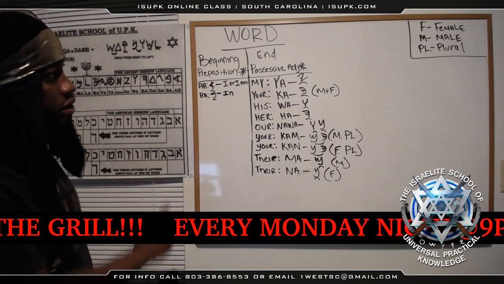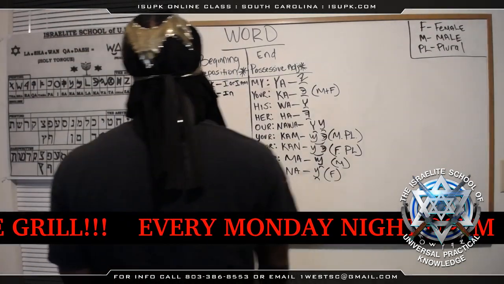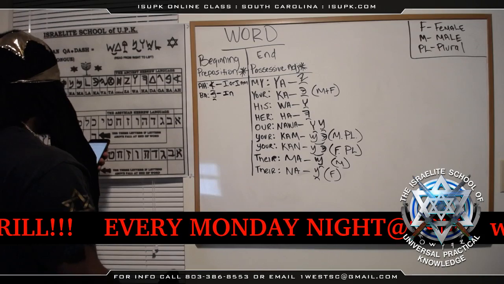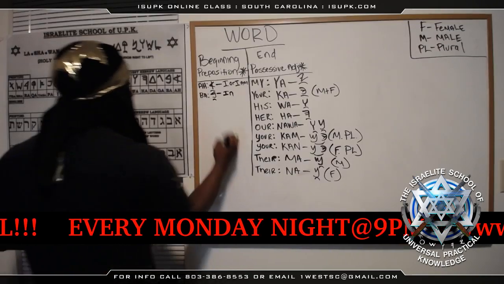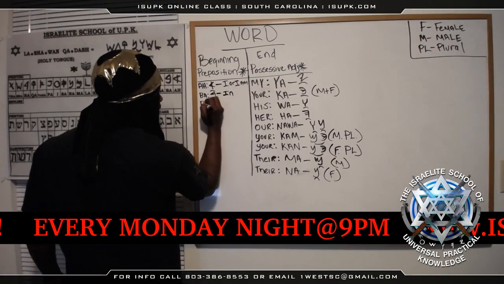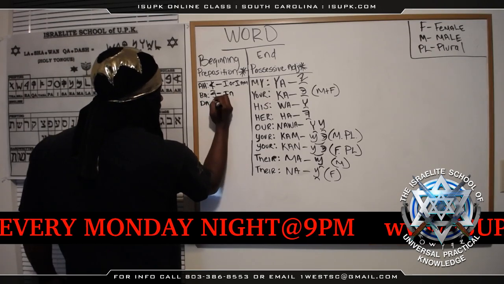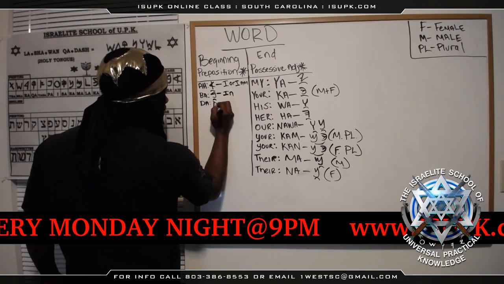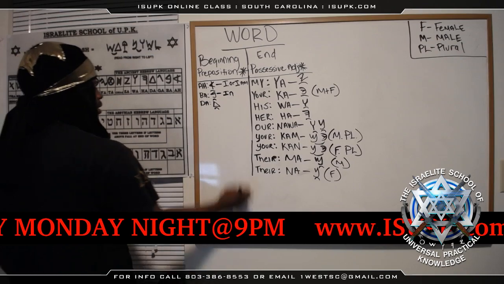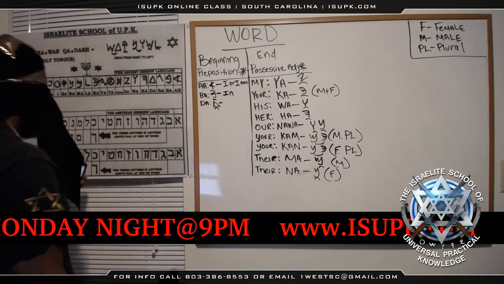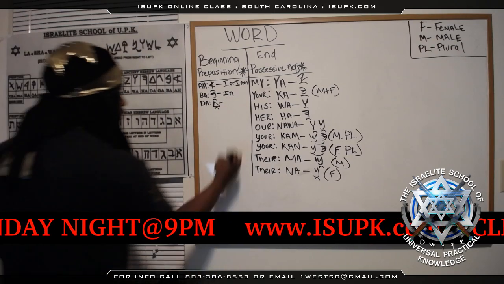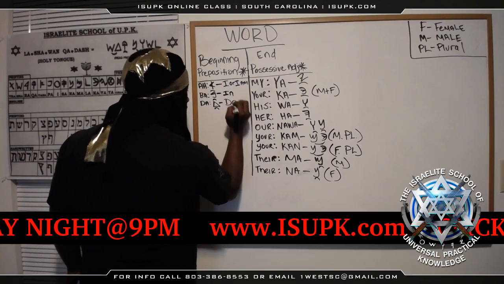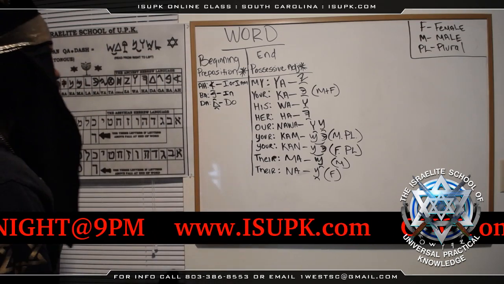I'm going to try to get through this fast, and over here we're going to break down a few words. Next we have da. That's the da. Da means what? Do. Da means do.